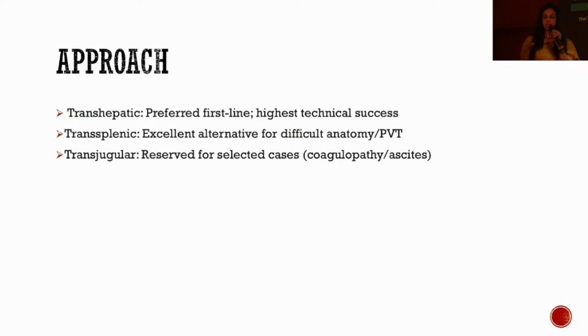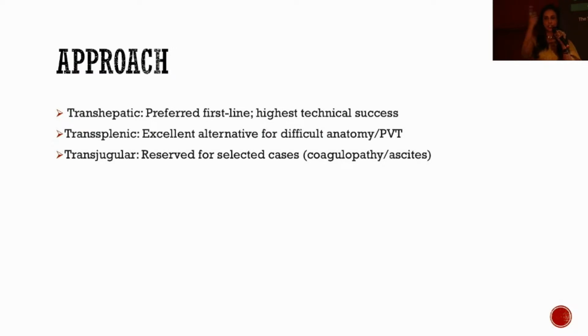Transplenic, sometimes when the portal vein is completely occluded, the wire doesn't go through, and there's a complete occlusion and a lot of collaterals, I prefer the transplenic approach because as we know, when we inject into the spleen, you see the direction of the flow towards the liver. When you inject into the portal vein from the transhepatic approach, the flow is in the opposite direction, so you don't know where the narrowing is. Whereas the transplenic approach is easier.